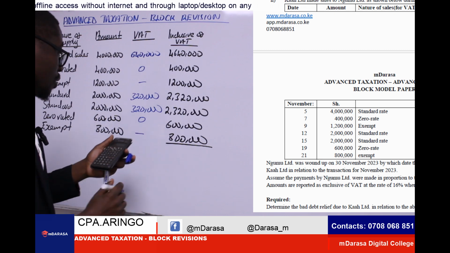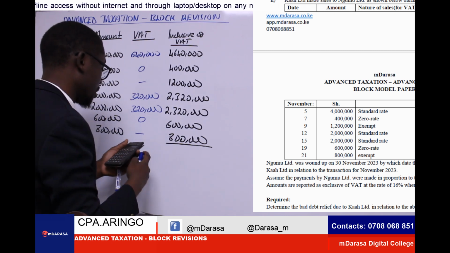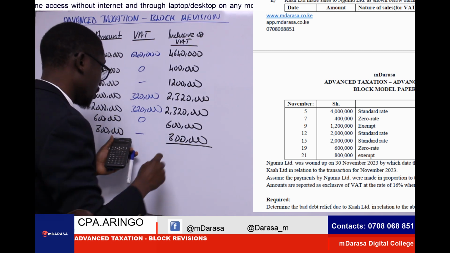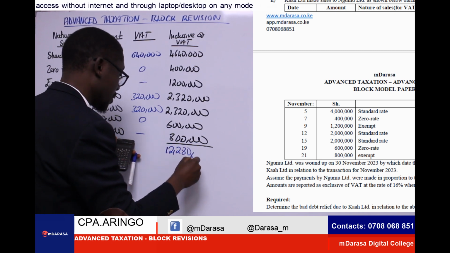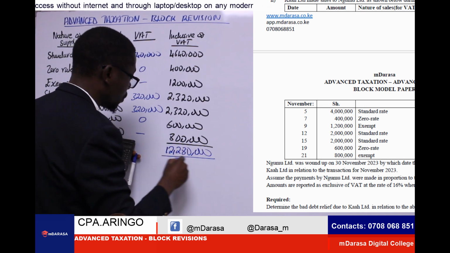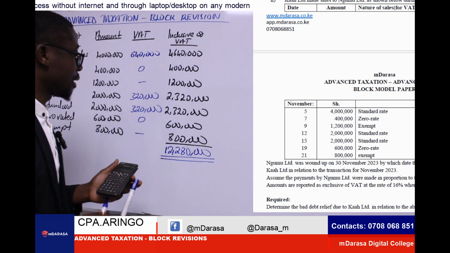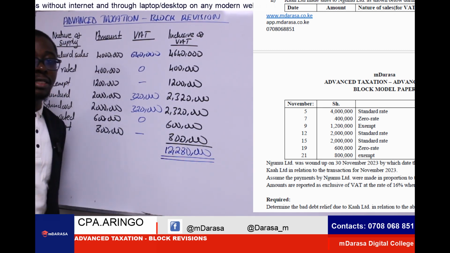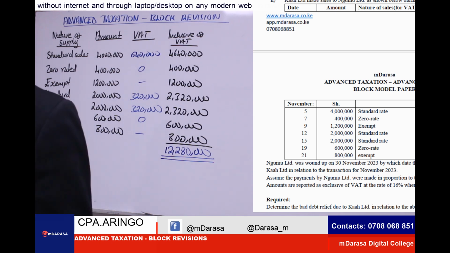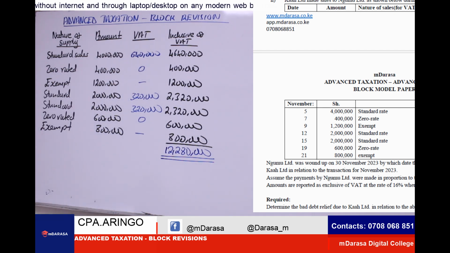At the end of the day, Mwalimu here is getting a total of 12,280,000. This is the amount that our debtor was owing us. But we are told this person didn't pay the whole amount.